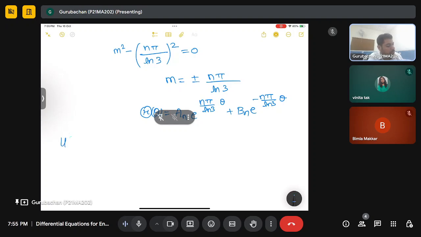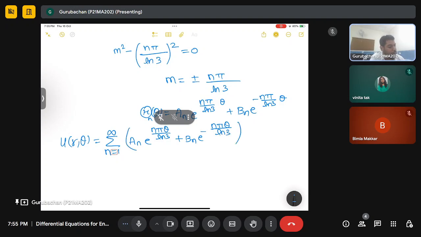So let us first write u(r, theta), which will be summation n equal to 1 to infinity R_n(r) and theta_n(theta). So theta_n(theta) is a_n e to the power n pi theta by ln 3 plus b_n e to the power minus n pi theta divided by ln 3, into the function sin(n pi ln r divided by ln 3). So first, excuse me.